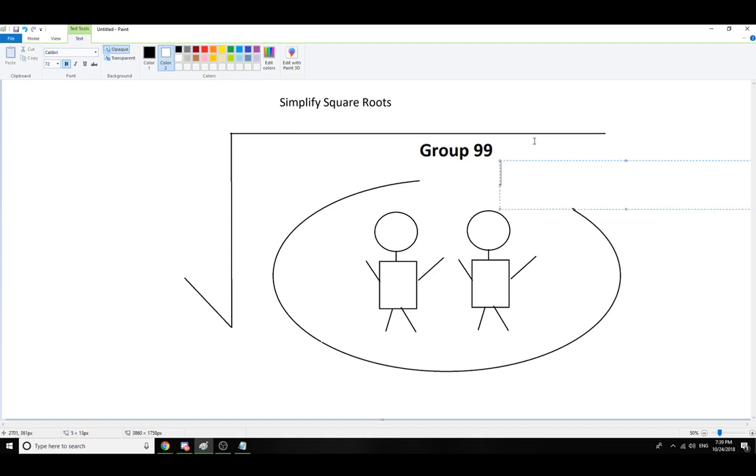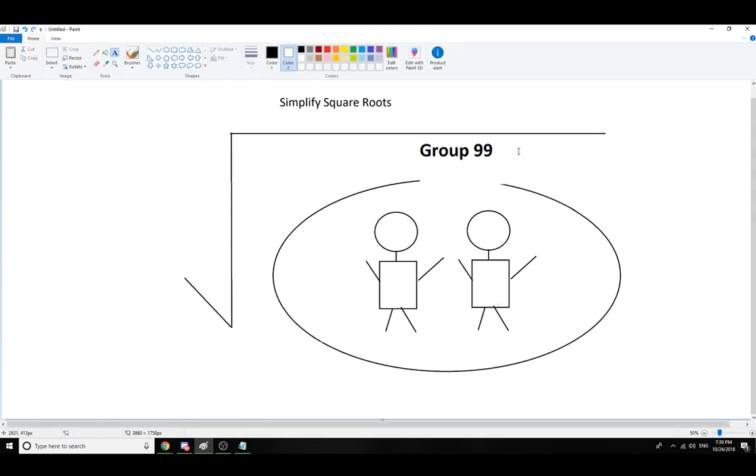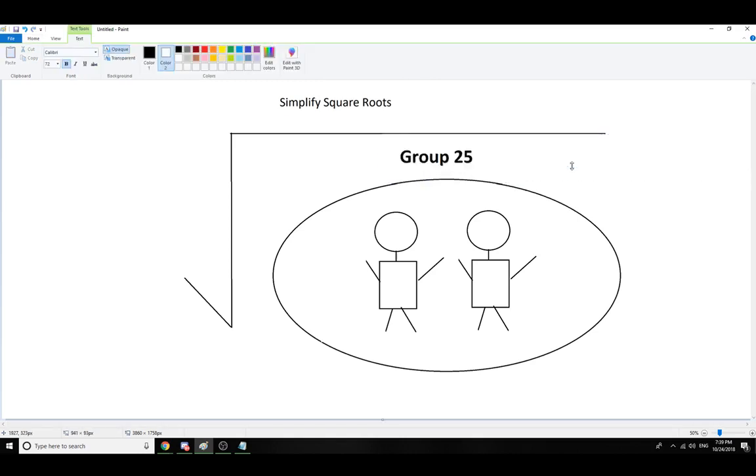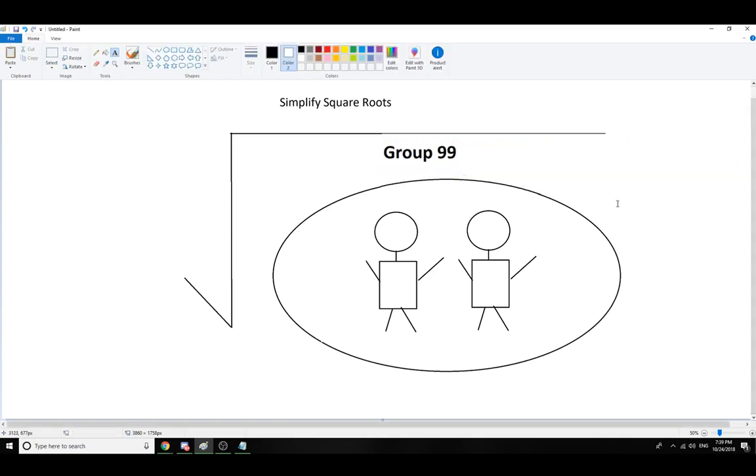So how would you... sorry, this is bugging up on me. So now you have group 99, and you want to find, well, how many people are in my jail? That's what you need to do first.